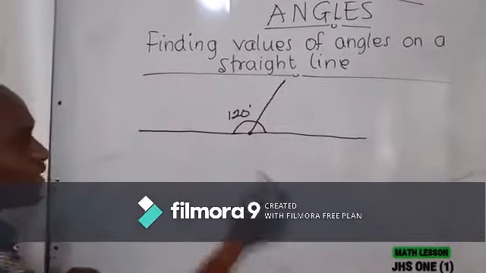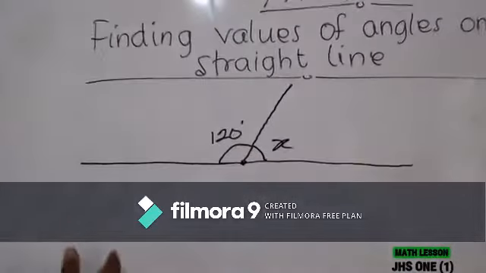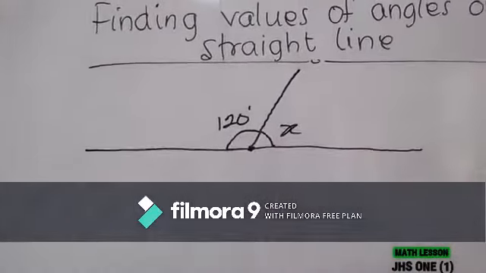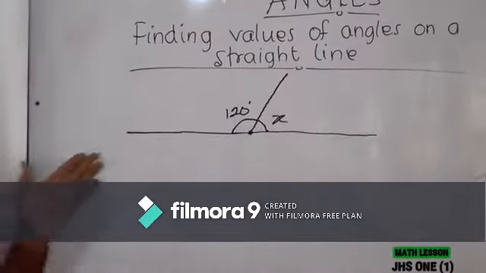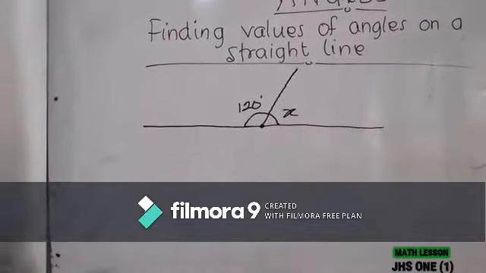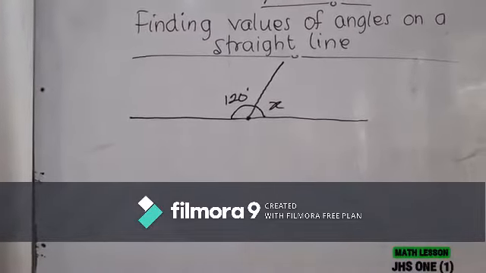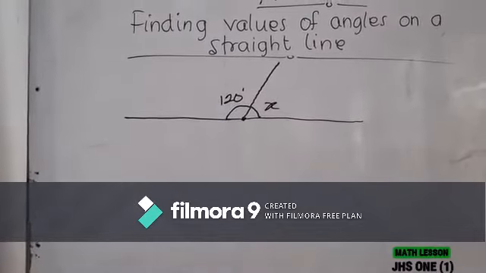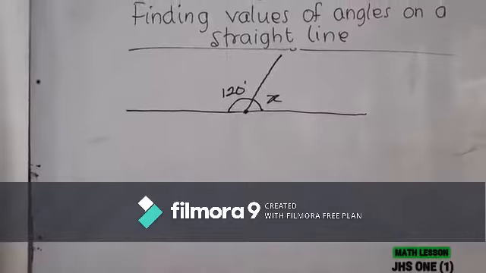So we can put a variable there, x. How do we find the value of this angle? And that is what we are going to look at. Can you guess what the value of that angle will be? Good. It's 60.